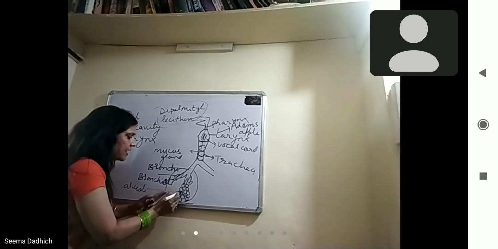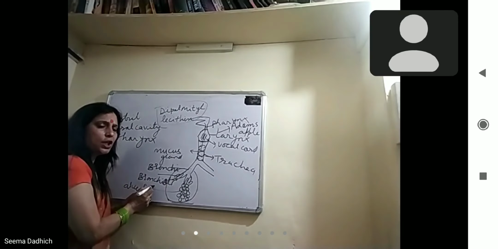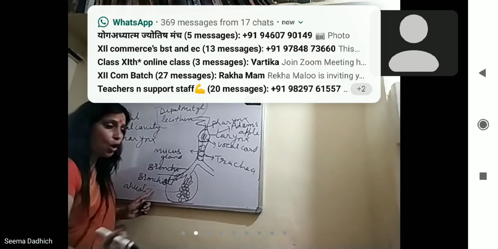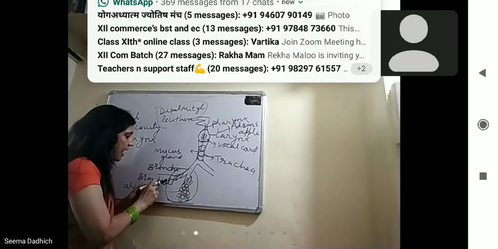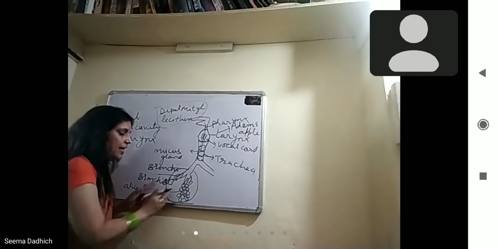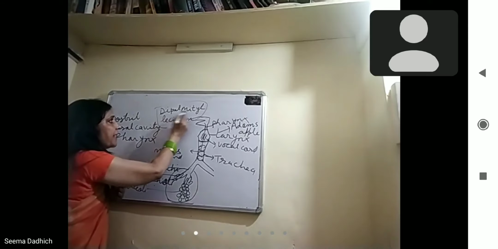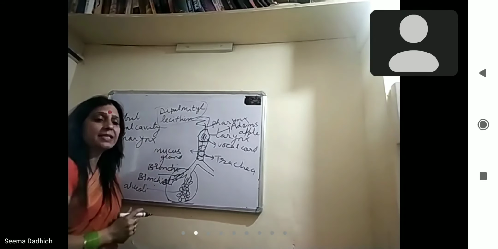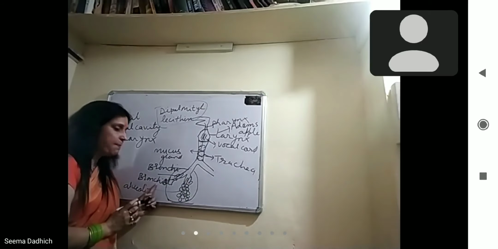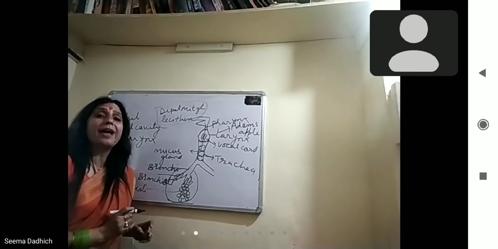But in the alveoli and bronchioles, this special protein is present, so the alveoli do not collapse. This is the protein present in the bronchioles and alveoli.